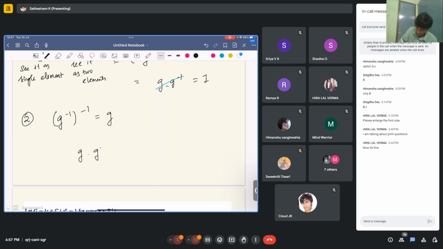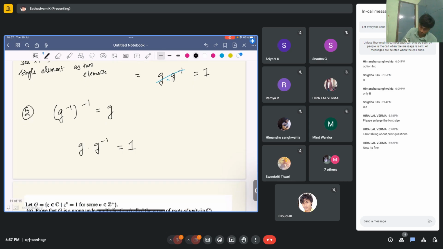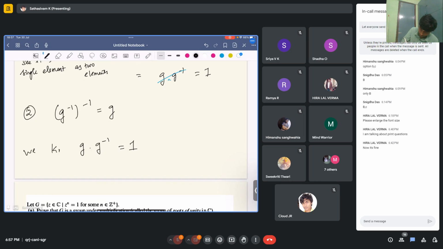Suppose let's look at this one. What we know is G inverse G is 1, right? This we know. But what does it tell you? It tells you this G is the inverse of G inverse, right? Which tells you G is the inverse of G inverse.